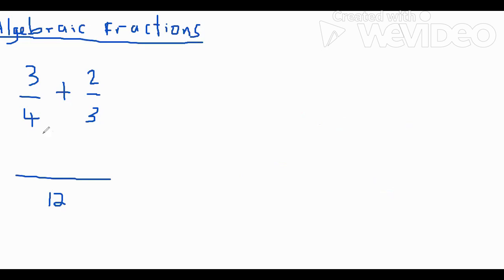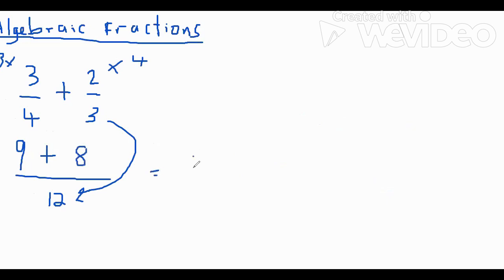So what do we do next? We say 4 into 12 goes 3 times. 3 times 3 is 9. 3 into 12 goes 4 times. 4 times 2 is 8.